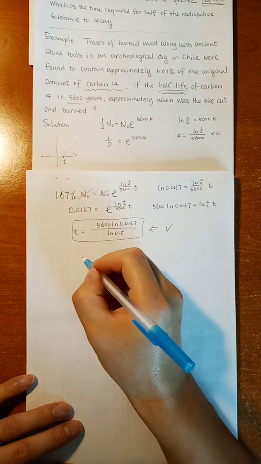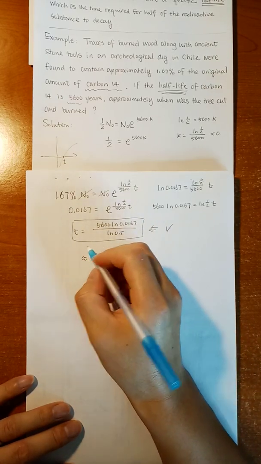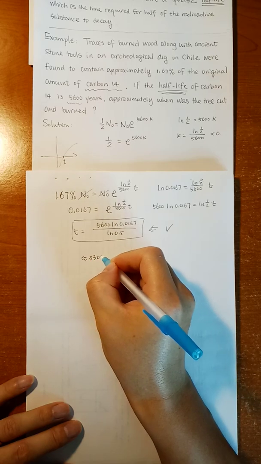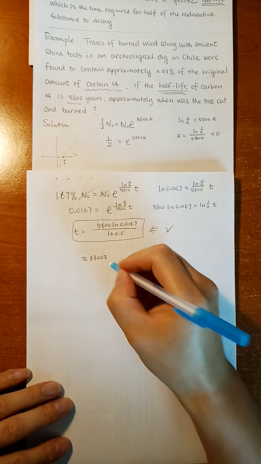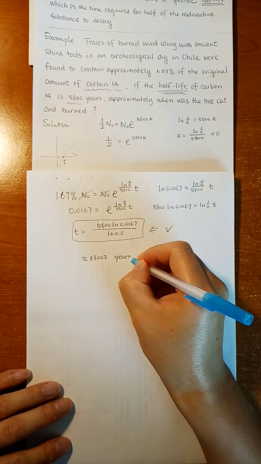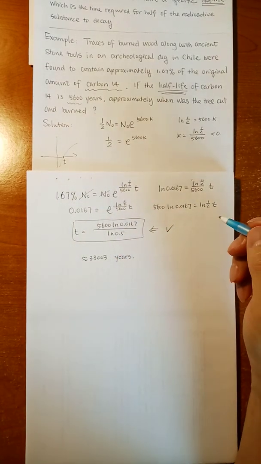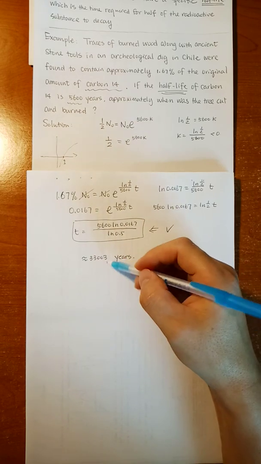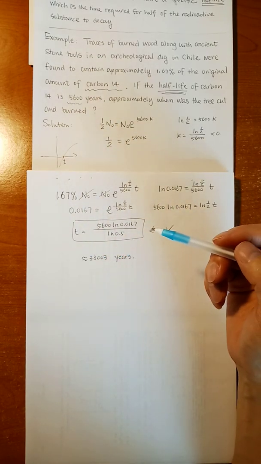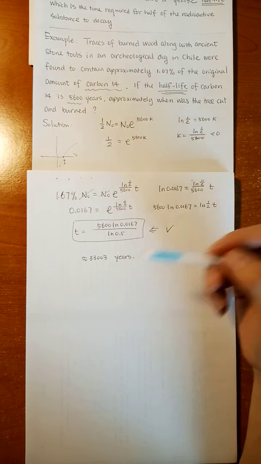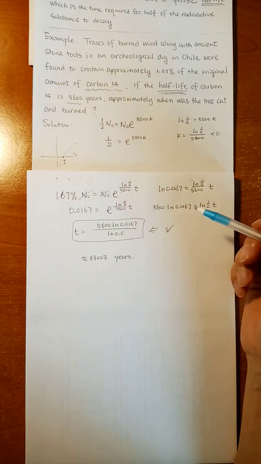And of course, in practice, you can use a calculator. This number is approximately 33,003 years. I mean, you can ignore the 3. So this wood was cut and burned 33,000 years ago.